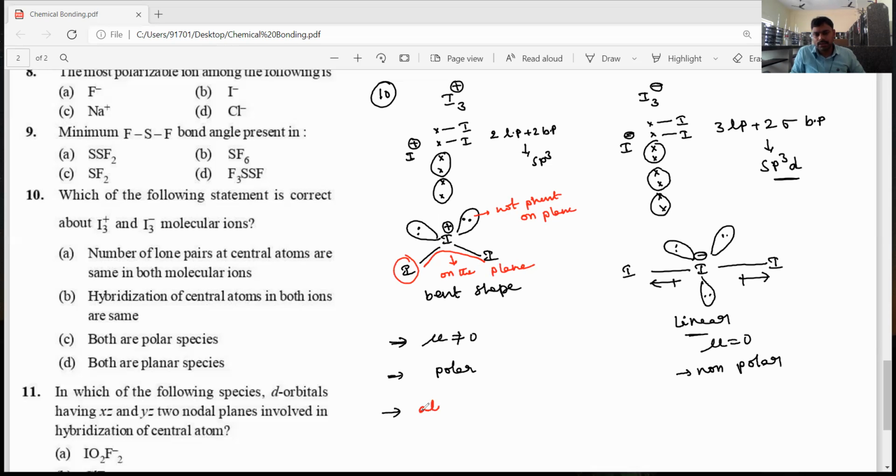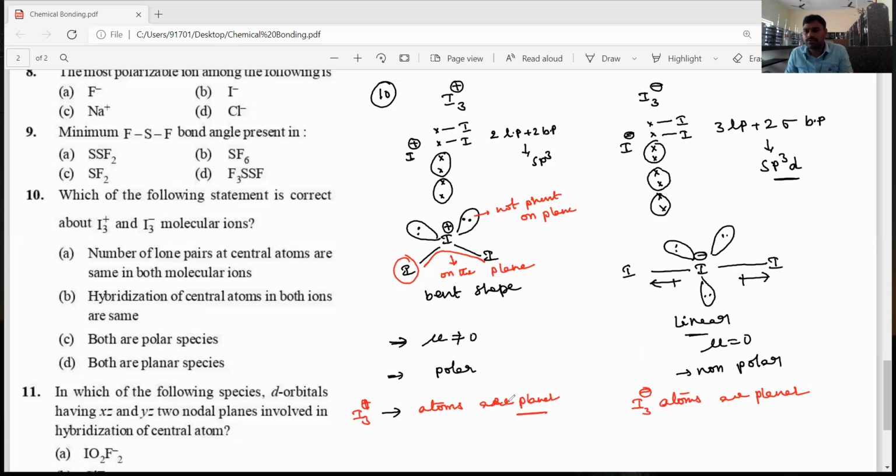The atoms are present on the plane, not above and below the plane. The atoms are planar, and a linear molecule means automatically planar. For example, this is a linear molecule, and the atoms are present in the plane only, so all atoms are planar. So I3 minus is planar, and the I3 plus atoms are also present in the plane.